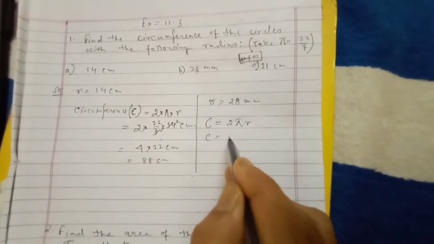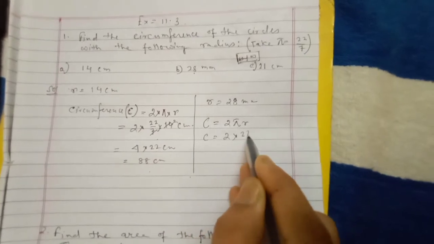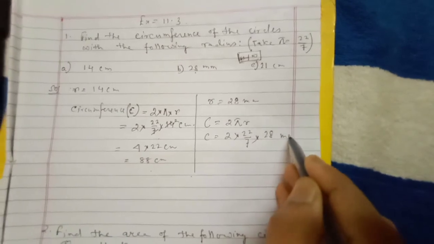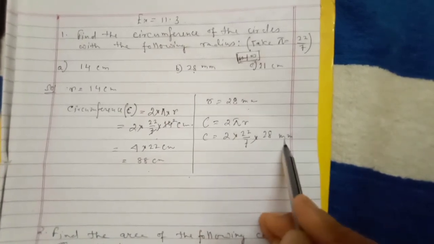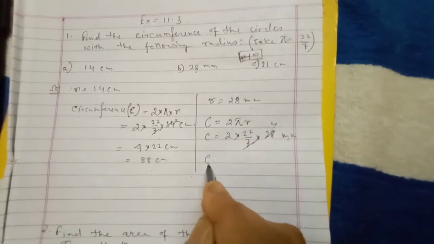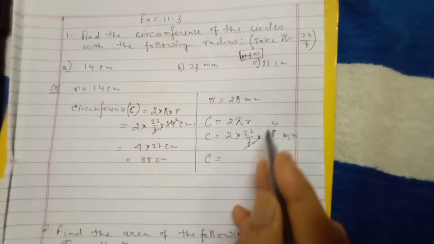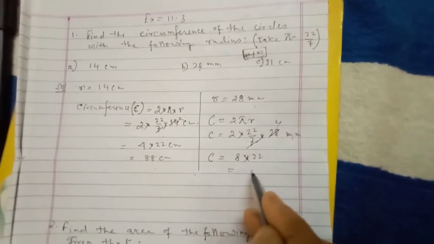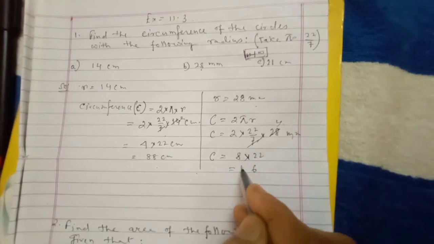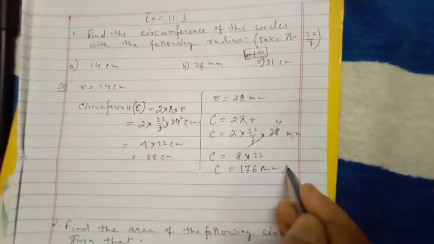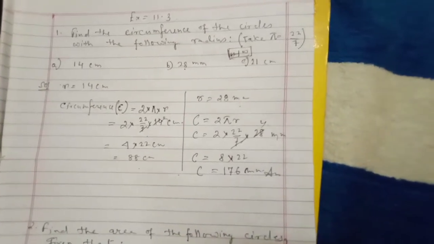Putting the value, 2 into 22 by 7 into radius 28, and as the unit is millimeter, I have to write millimeter here. 7 4s are 28, so the circumference is equal to 8 into 22. 8 2s are 16, 8 7s are 56, 117 in total. So the circumference is 176 millimeter. Come to the next question.